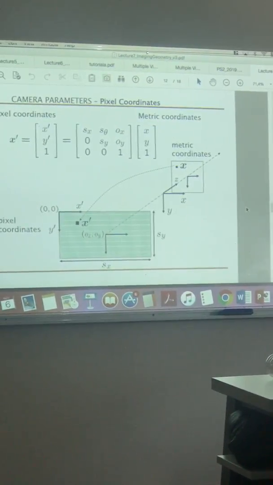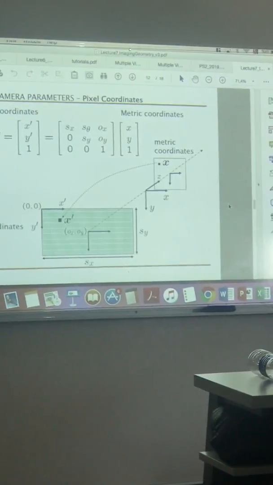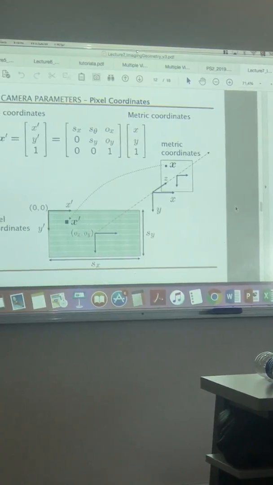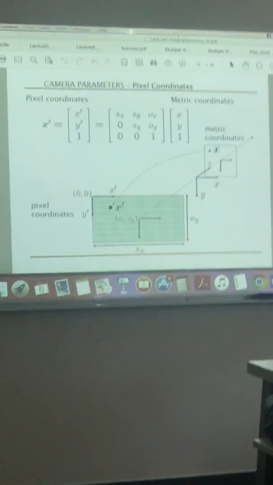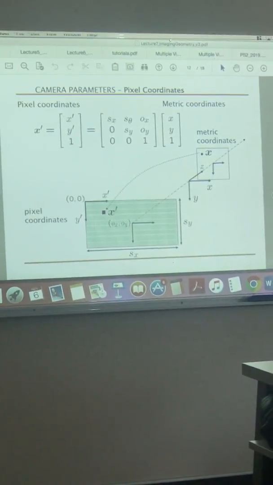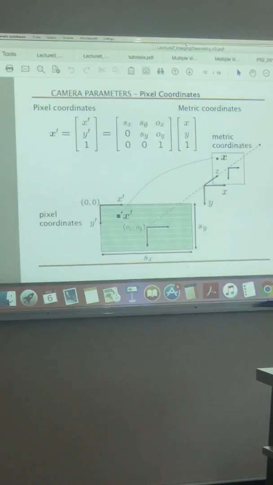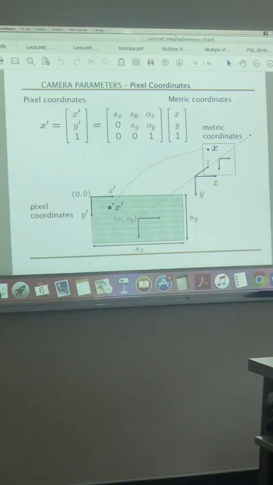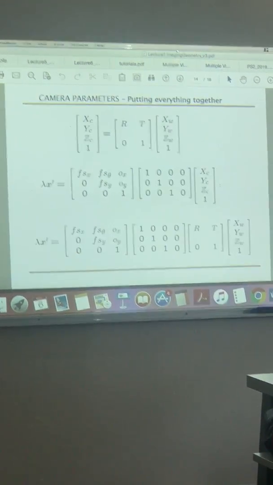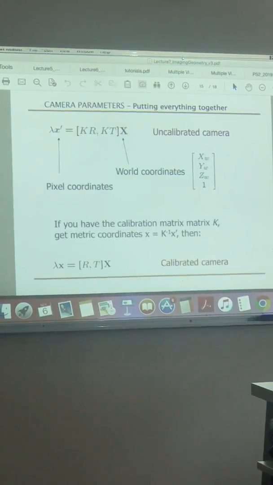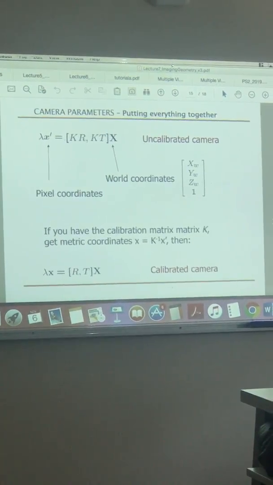If I say there is a calibrated camera, then that means the intrinsic parameters are found and the pixels are multiplied with the inverse of that, so that you have a metric system. I'll give an example on that later on. So these parts, folks, are important.